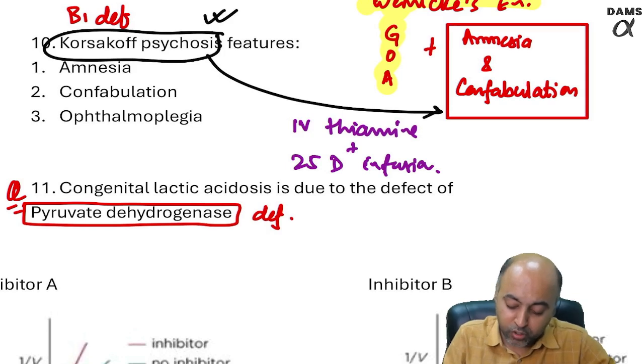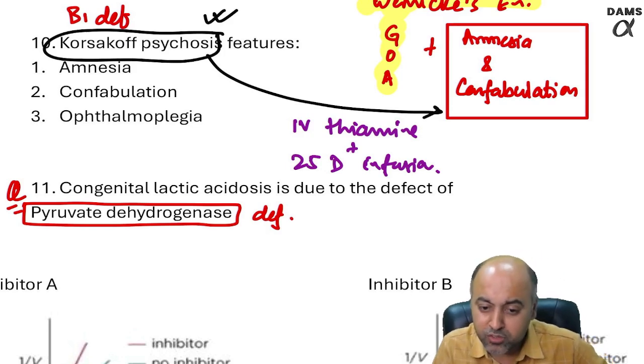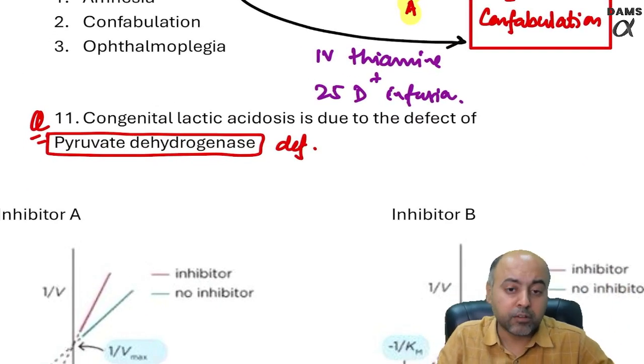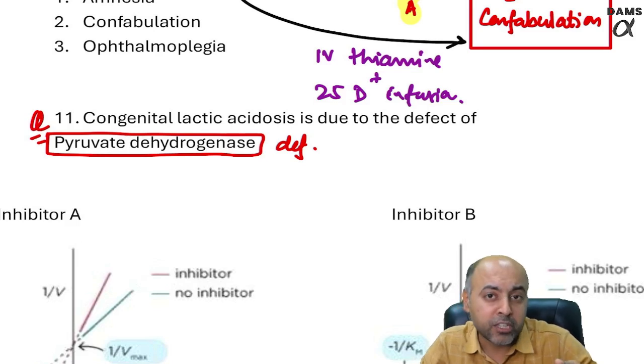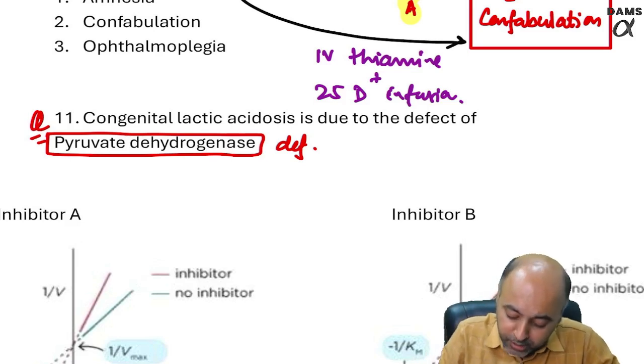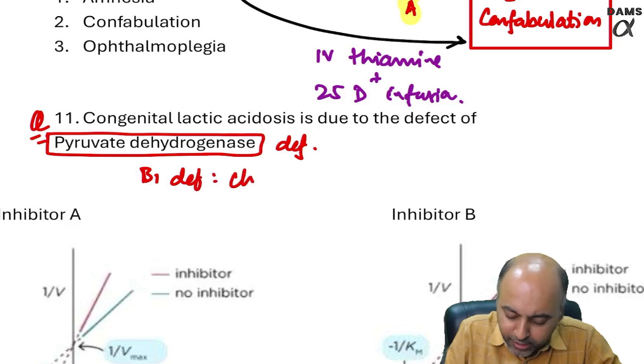Okay. So talking about lactic acidosis, it can be due to a problem in the PDH complex. It can be due to B1 deficiency in chronic alcoholics.